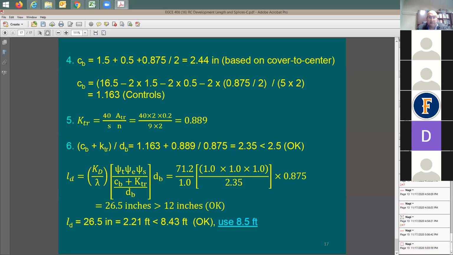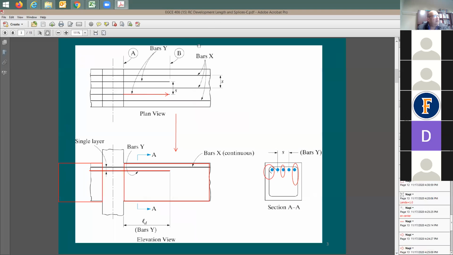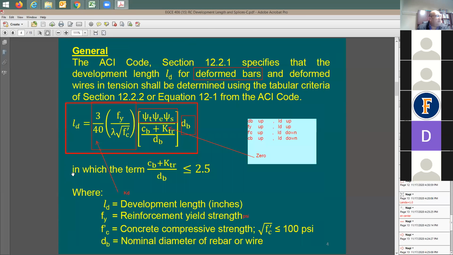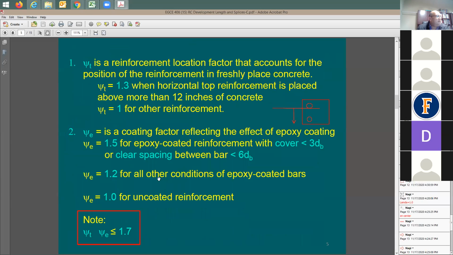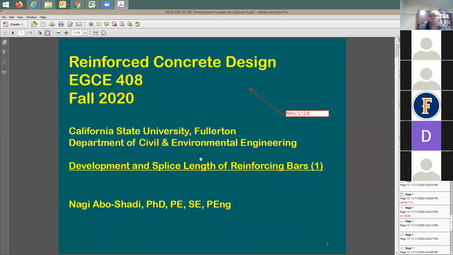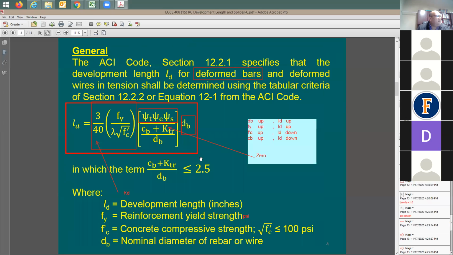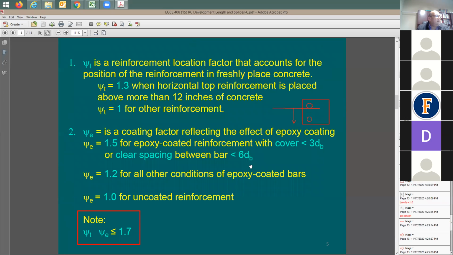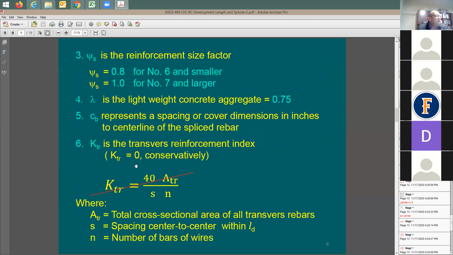But if you remember, a good question, Adolfo, if you remember this case of the KTR, conservatively, I'm okay if you are going to take it equal to 0.